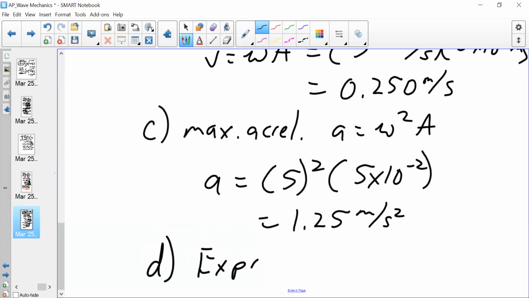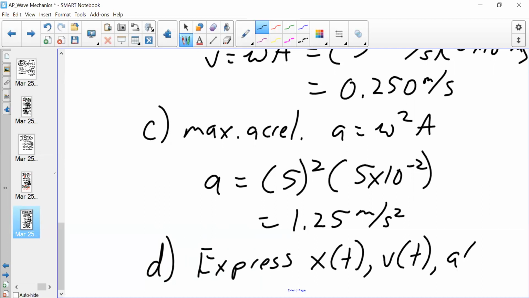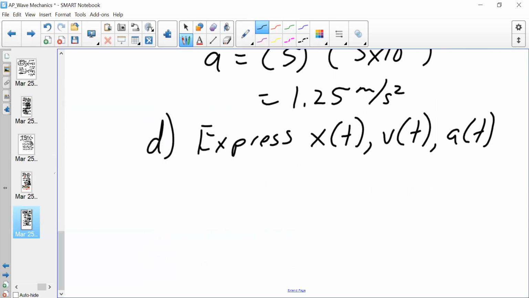Then we need to express position as a function of time, and velocity as a function of time. You just take the expressions and plug in the numbers. They go through the business of explaining that the phase shift is zero. It's kind of trivial, though it has some uses if the phase shift was non-zero.